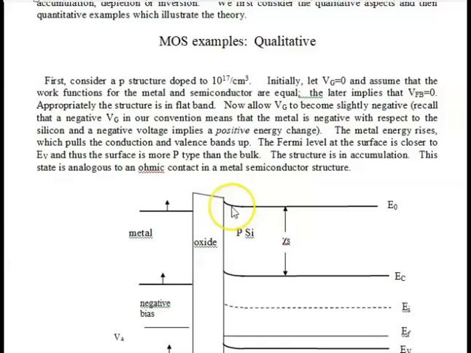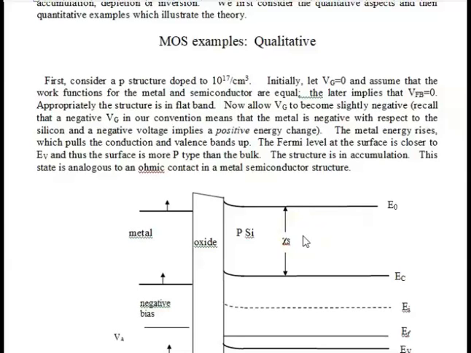The band bending in the silicon is about 3 times the band bending in the oxide, because the permittivity is 3 times as high in the silicon as it is in the oxide. So this structure is in accumulation, not a very interesting structure.